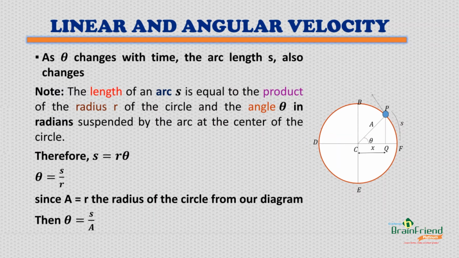Mathematically, this implies that S is equal to r theta. When we make theta the subject, we have theta is equal to S over r. Now from our diagram, A represents the radius of the circle. Therefore, A is equal to r. Substituting A for r in this equation, we have theta is also equal to S over A.